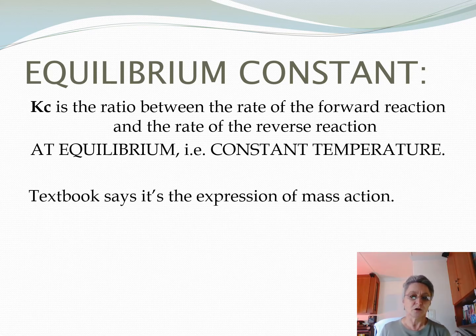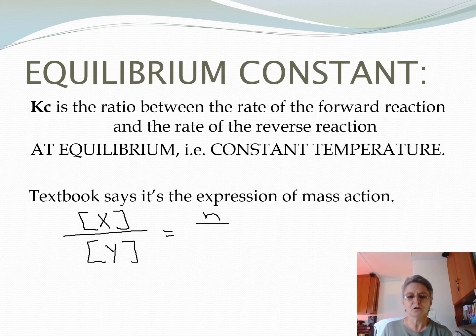Your textbook on page 185 says that it's the expression of mass action, most probably because it is a ratio of concentration of something over concentration of something else, let's say concentration of X over concentration of Y, where concentration is moles divided by volume.